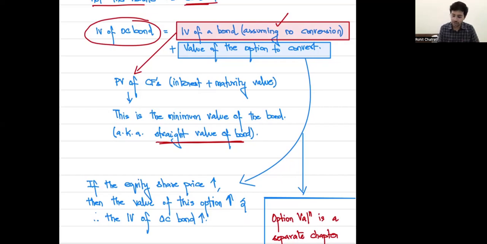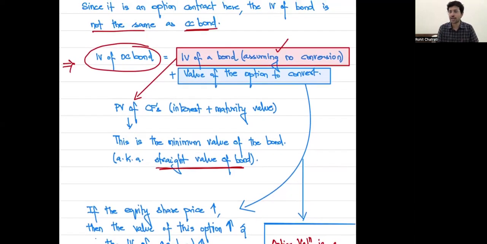This equation, whatever I've given over here, is not given in the ICAI curriculum, but I'm covering it for the context of how the intrinsic value of an optionally convertible bond is calculated. So you don't need to worry about it. But if you have a thought on how this option is going to get valued, don't worry, there is a separate chapter where we will look at it.